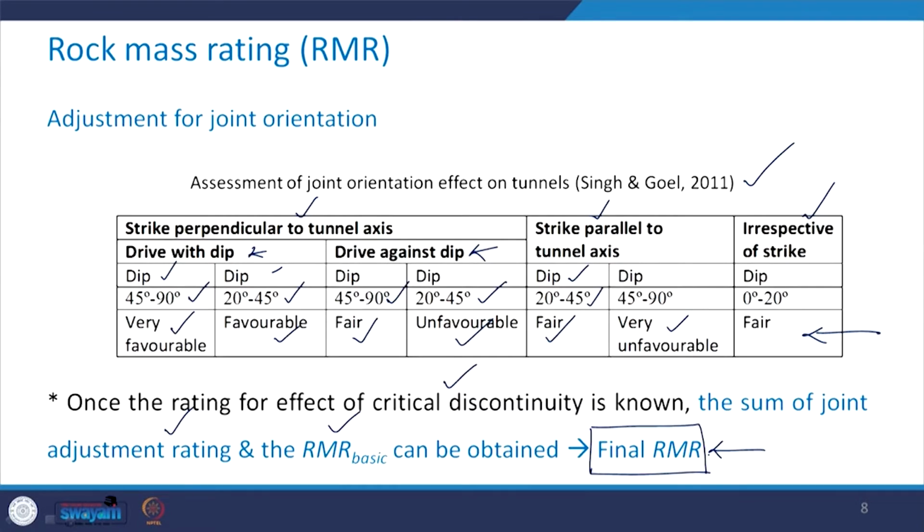As far as RMR basic is concerned, there is no problem. We just have to add the rating corresponding to each of those 5 parameters. For the adjustment of joint orientation, first you need to find out whether the joints are favorably or unfavorably oriented with respect to the structure, and I just explained how this is done. Once you know the adjustment, you add that adjustment rating to the RMR basic and you get the final value of RMR.